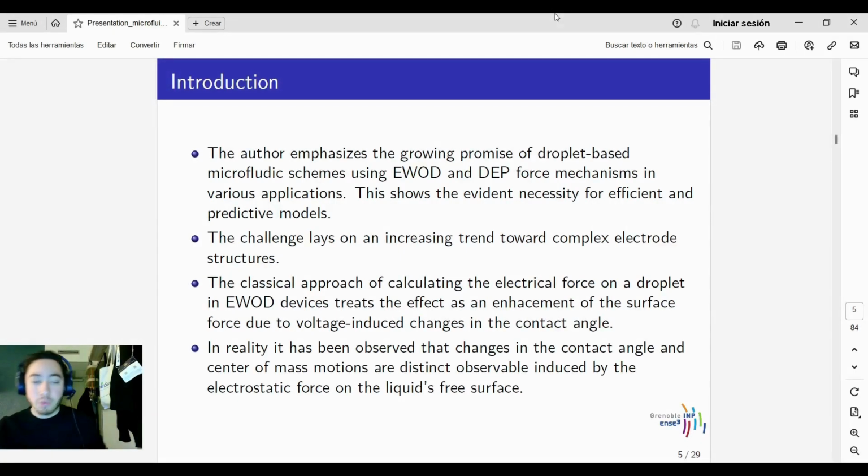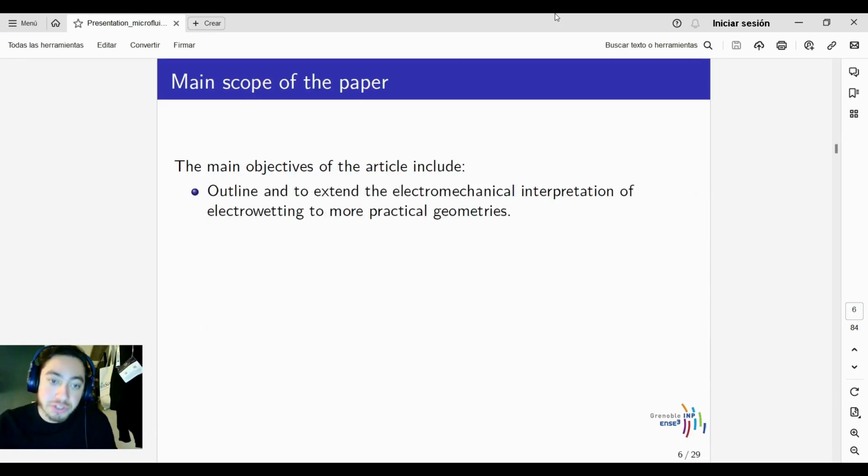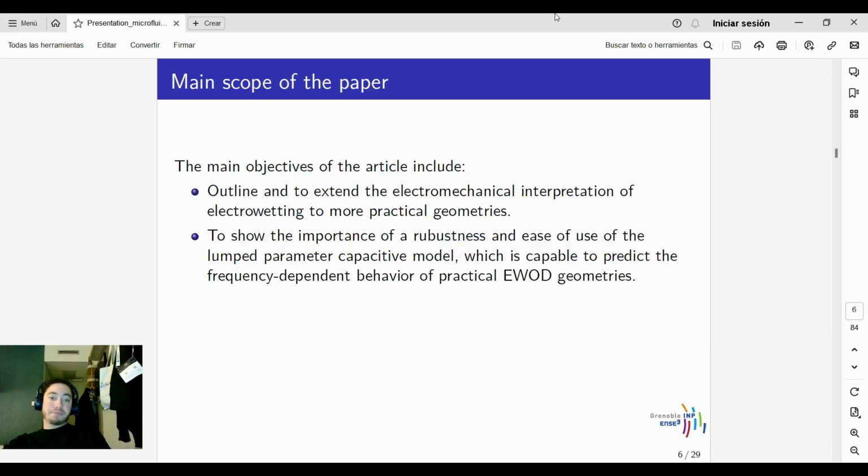So with this being said, we might identify the main objectives of the article. The first one is to extend the electromechanical interpretation of electrowetting to cases where the geometry of the liquid drop might not be that simple, or the geometry of the electrodes is also complex.